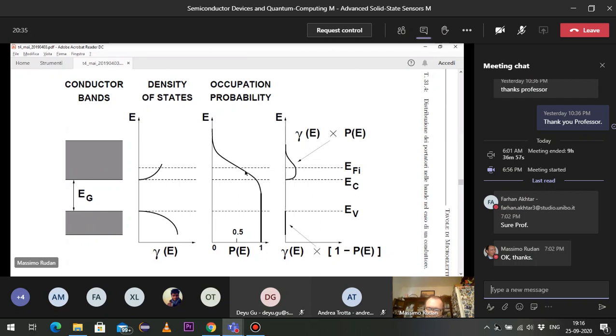Some of this energy is taken by the electrons of the conduction band, and they go up in energy, so they become more energetic. That means that they transfer from the lower states still belonging to the conduction band and go into higher states of the same band.